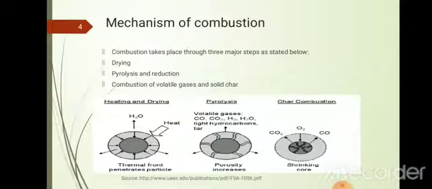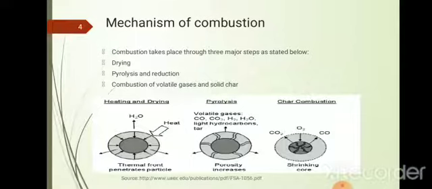Take one particle of biomass, a spherical particle as in this figure. In the first phase, due to the high temperature, the moisture in this biomass gets evaporated. That is known as drying.